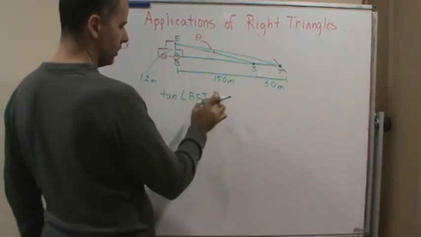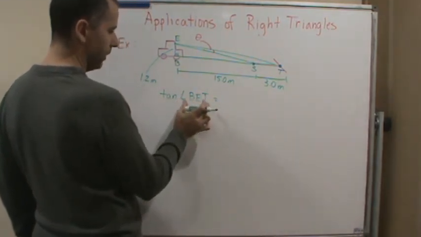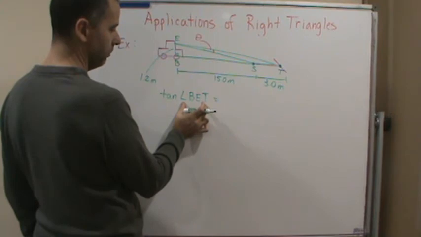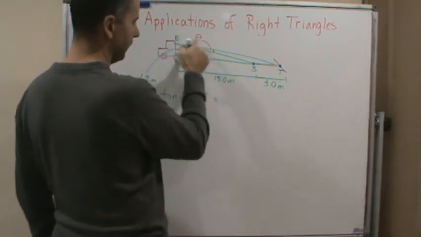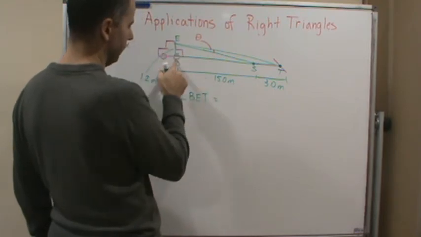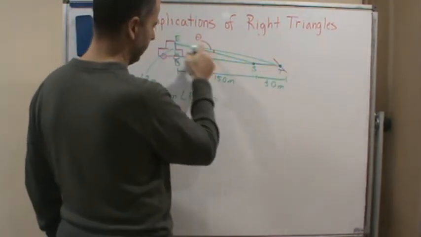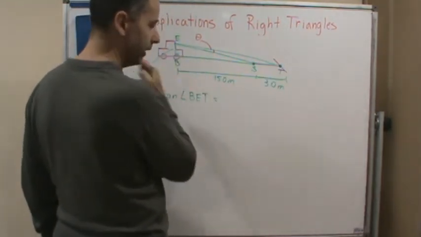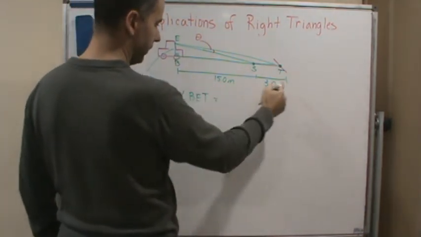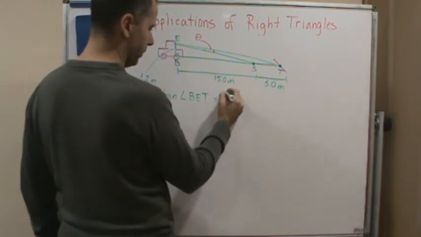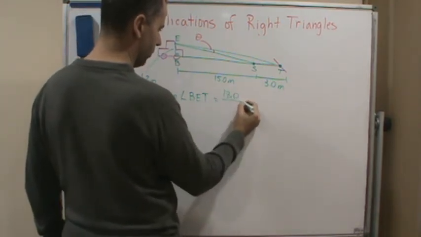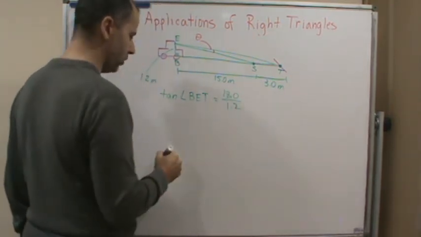Now I can find angle BET, this larger angle here, by taking the opposite over adjacent, which in this case would be 18.0 over 1.2.